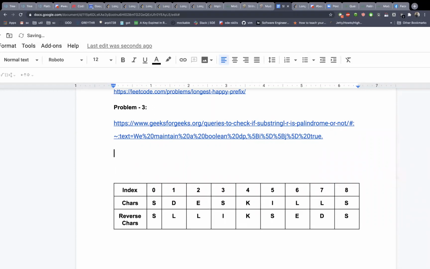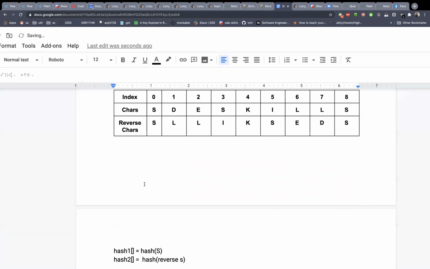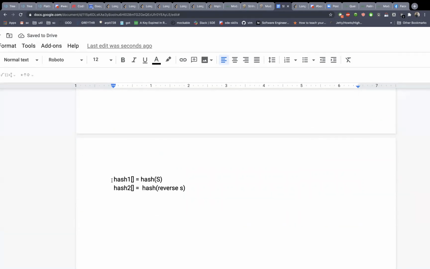You can create two hash arrays: one for the hash of the string in the forward direction, and one in the reverse direction. You can reverse s and calculate its hash. Now, to check whether the substring L to R is a palindrome, you just calculate the hash of the substring L to R in both hashes and check whether they are equal.